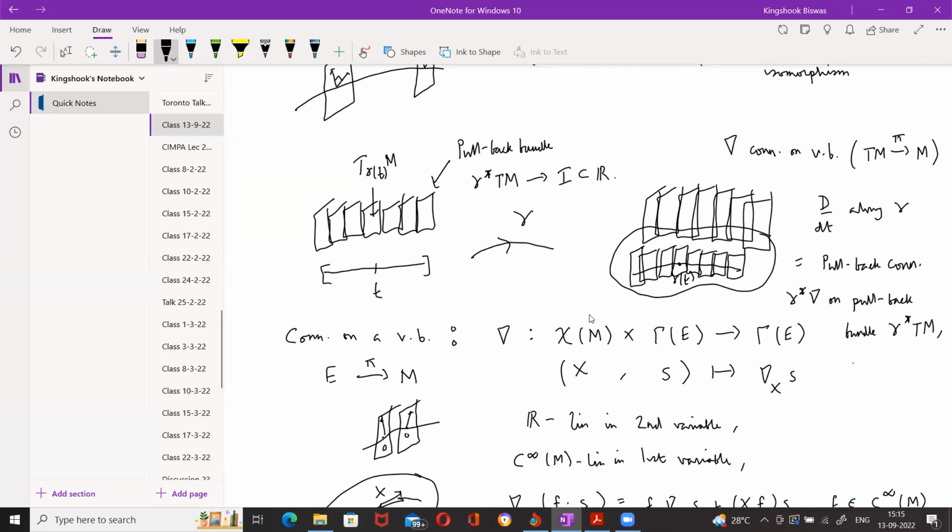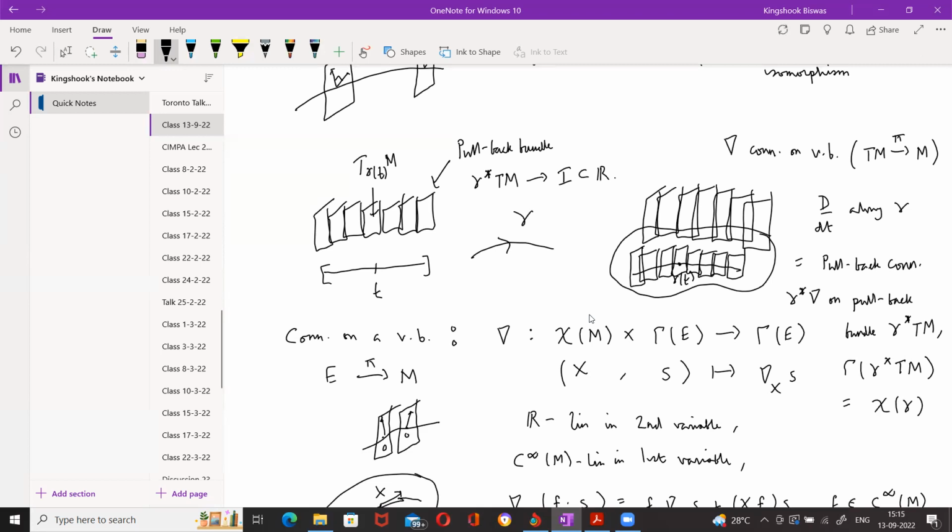And sections of the pullback bundle gamma star TM are the same thing as vector fields, chi gamma, along gamma. Is this clear?